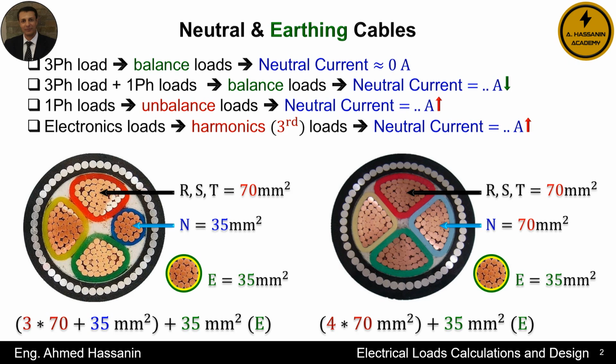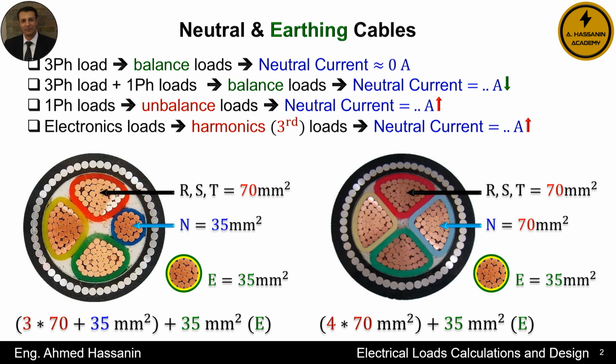However, for a combination of three-phase and single-phase loads, such as in a distribution board, we have three phases, R, S, and T, plus the neutral. In this case, if the three-phase loads are balanced, each phase carries the same current, resulting in a very small current flowing through the neutral, meaning the neutral current is low.